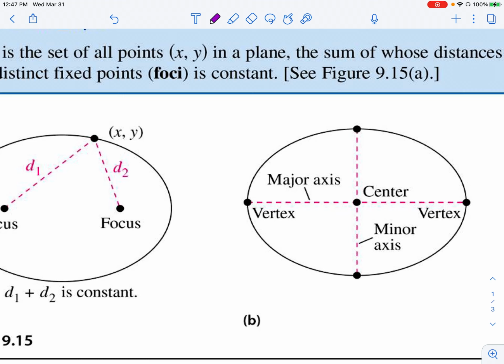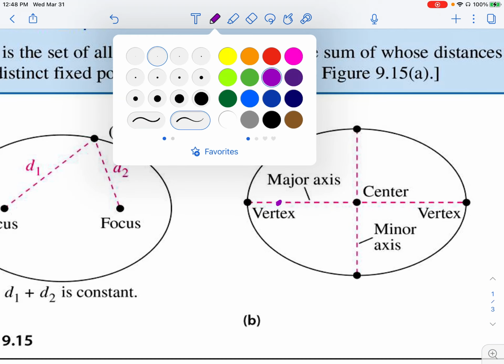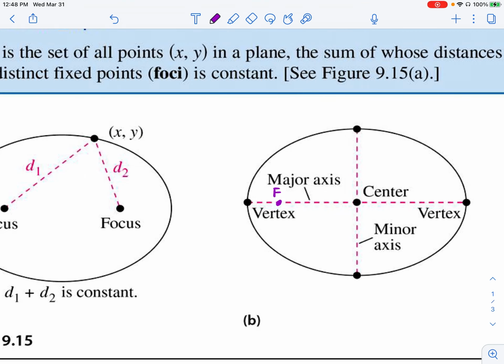We have the center of an ellipse, and somewhere along what we call the major axis are our foci. The major axis is the line that runs through the center, it runs through the vertices, and it also runs through the foci, wherever they might be. We're not exactly sure, and we'll talk about how we can find where our two foci are. But somewhere in here we have some foci.